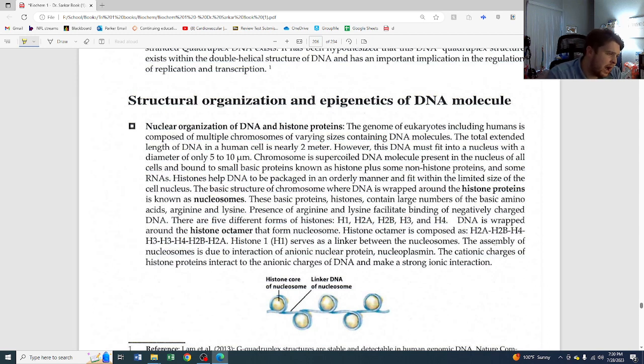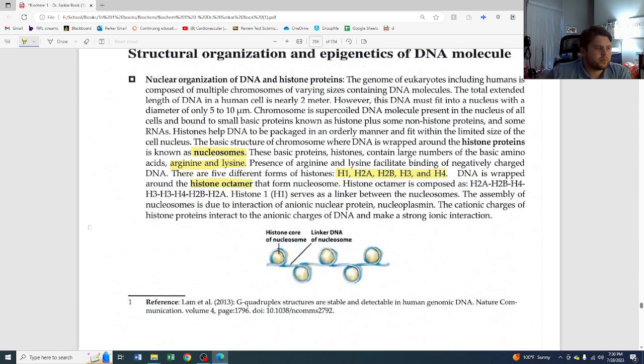This is all getting kind of technical in here. Don't worry about memorizing these specific numbers. Know what a nucleosome is. Know that arginine and lysine are in there a lot. Know that there's the histone octamer. Know what that is. The DNA is wrapped around it. And it might be good to just be familiar with the different numberings of the histones.